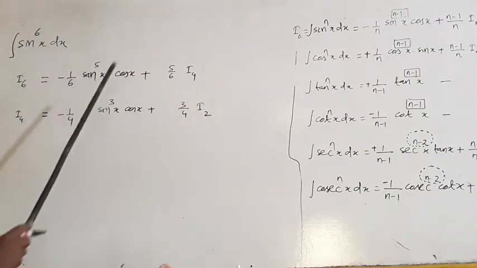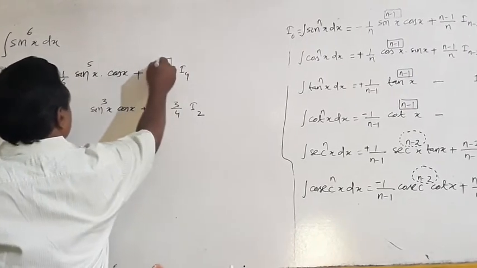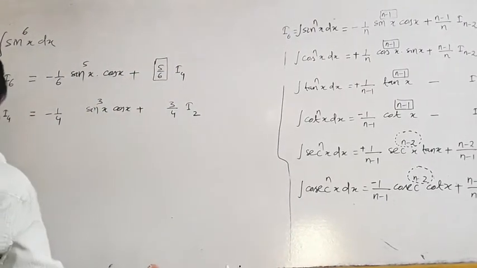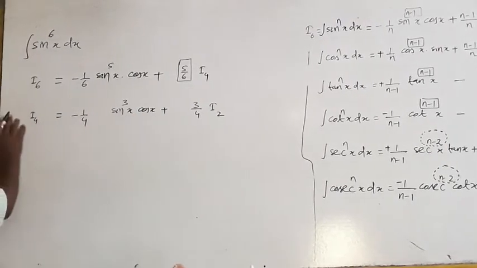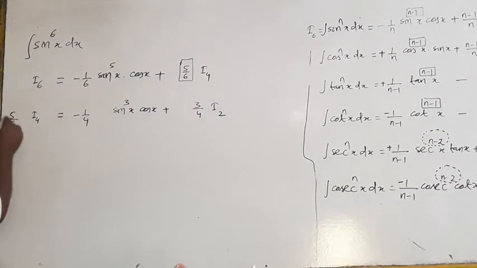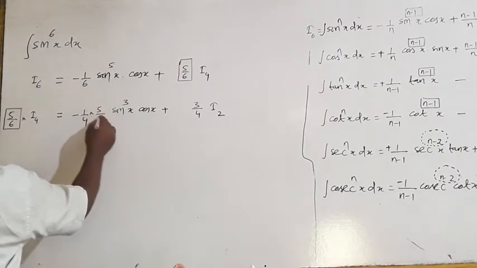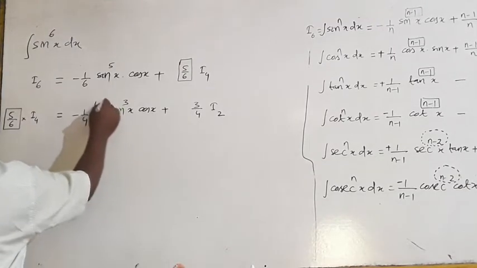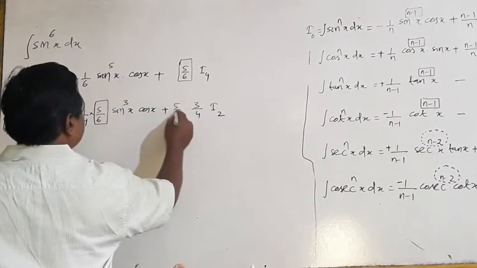Now look at here. It is 5 by 6 there. What you will do? You have to multiply 5 by 6 here. I am putting it in a box, you have to put 5 by 6.